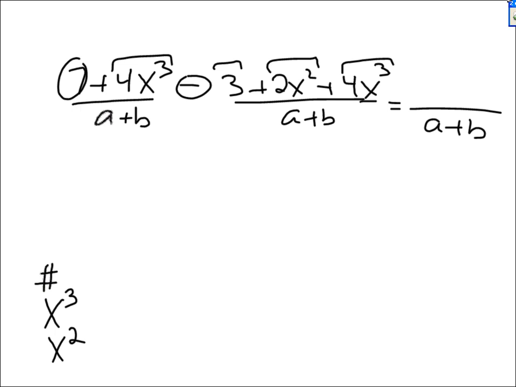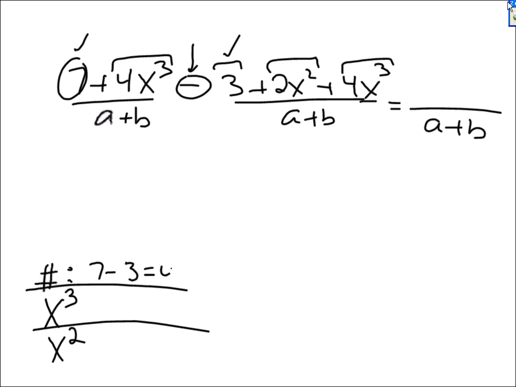When it comes to numbers, it's 7 minus 3, that's 4. Just the number 4. When it comes to x cubes, I have positive 4, and I am taking away positive 4. So we actually have 0x cubed.